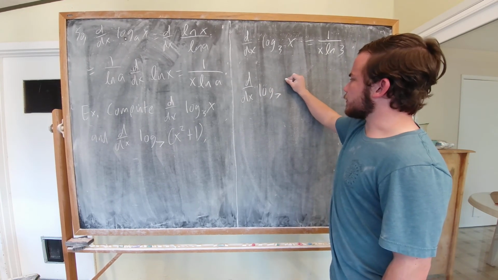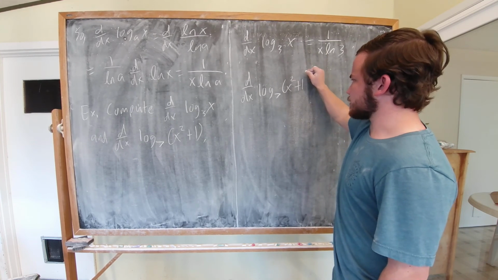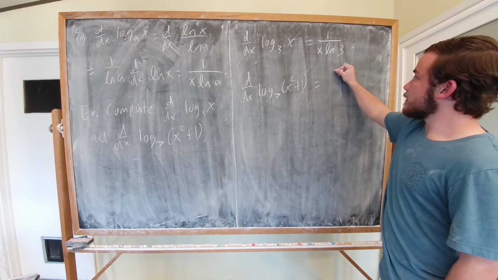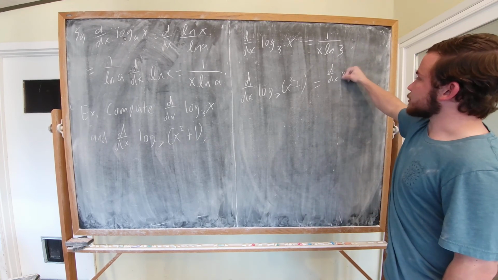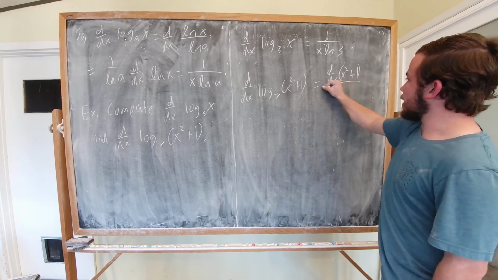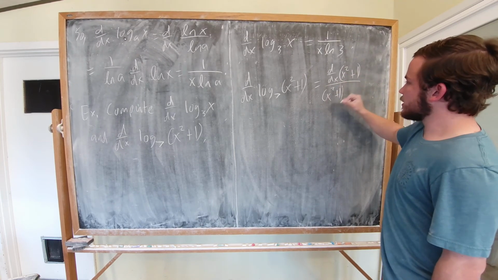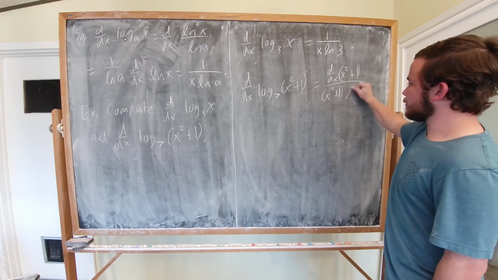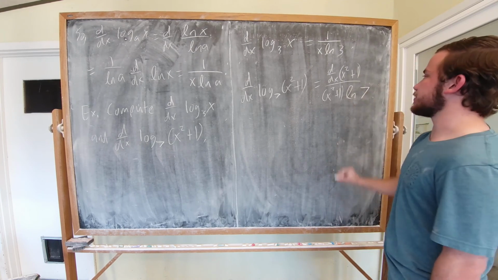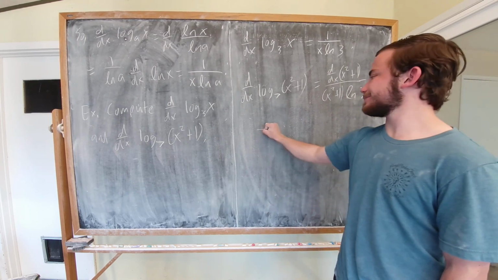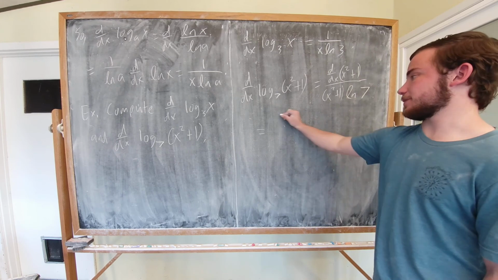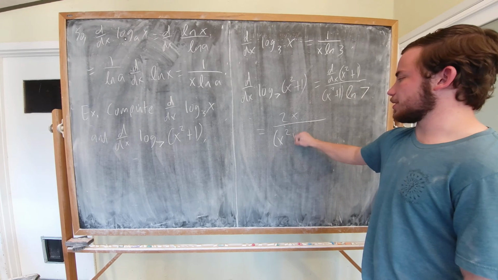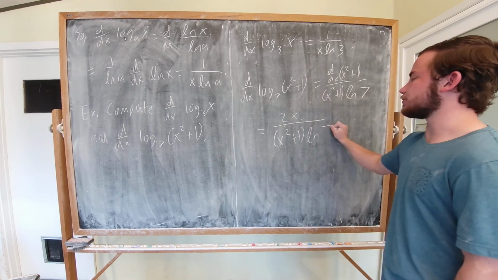So the derivative of log base 7 of x squared plus 1 is the derivative with respect to x of x squared plus 1, divided by x squared plus 1 times the natural log of 7. Derivative of x squared plus 1 is just 2x. So it's 2x divided by x squared plus 1 times the natural log of 7.